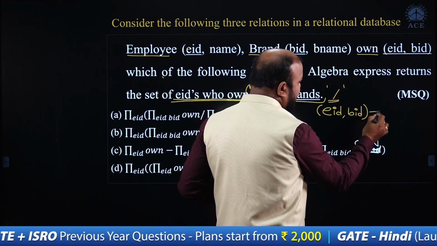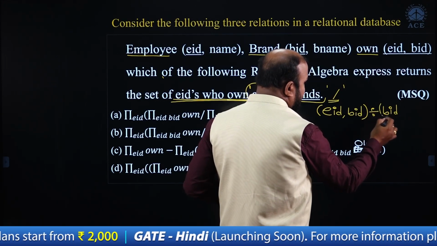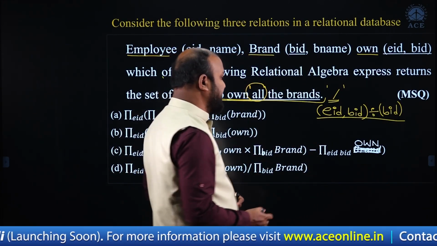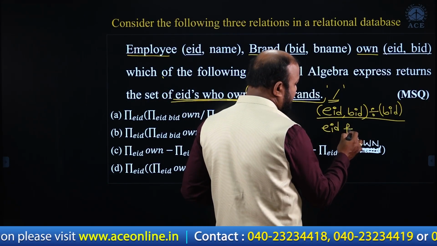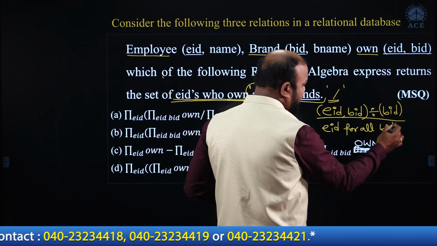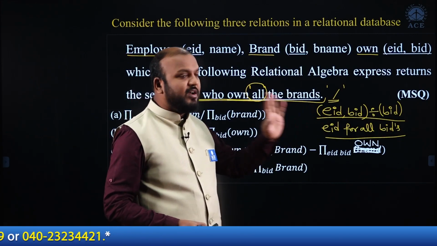If it is divided by brand ID, the query EID, BID division with BID is going to give you EID for all BIDs, meaning employees who own all brands.